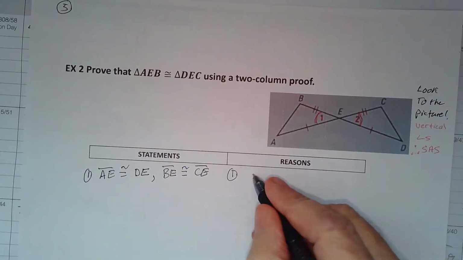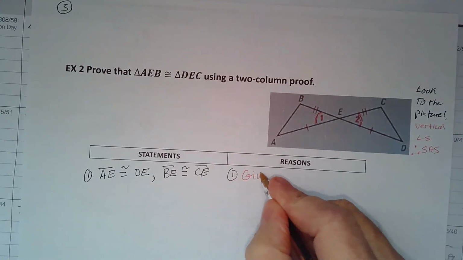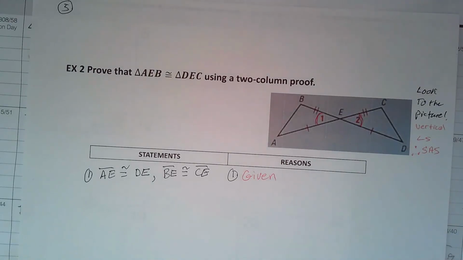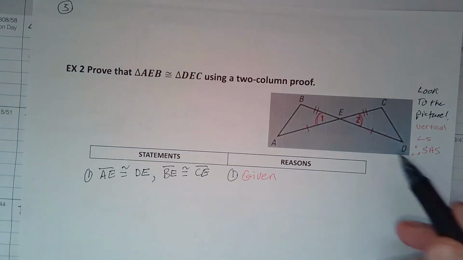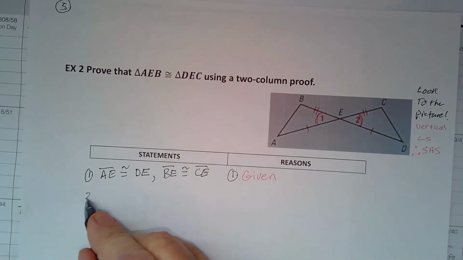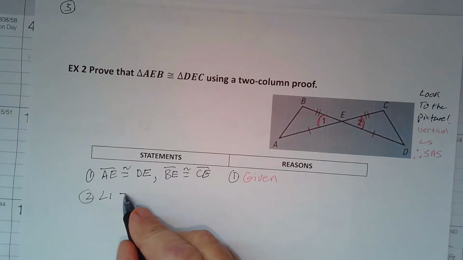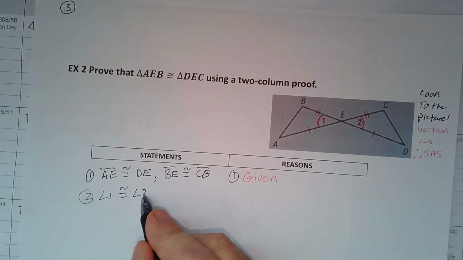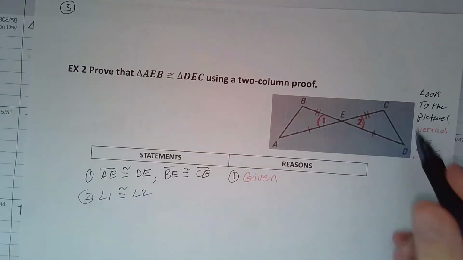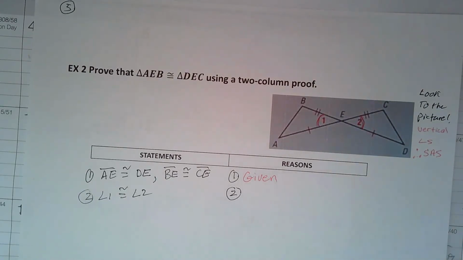So our reason is given. The next thing we noted was angle 1 and angle 2. So let's write them down. Angle 1 is congruent to angle 2. We found that out because they were vertical angles. So that's got to be the reason. So that's the vertical angles theorem.